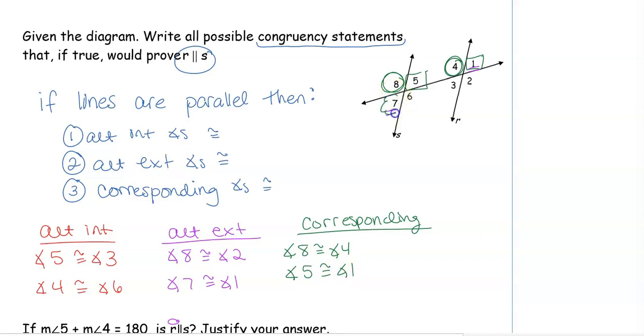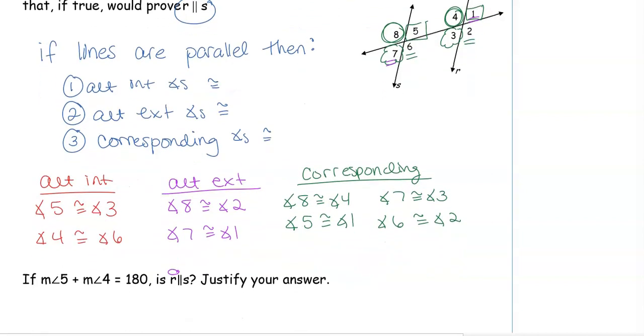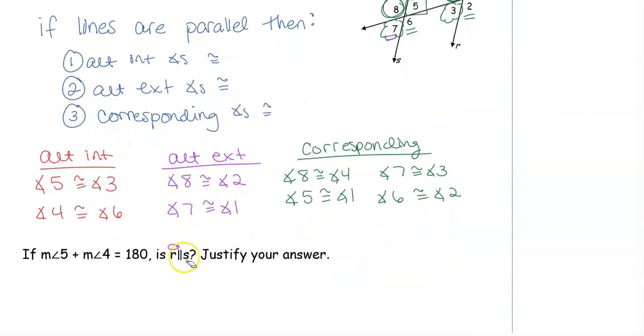I could also say angle 7 and angle 3. And last, 6 and 2. I could use any one of these 2, 4, 6, 8 relationships, these congruency statements. I could use any one of those 8 to prove the lines were parallel, because if the lines were parallel, those relationships would exist.